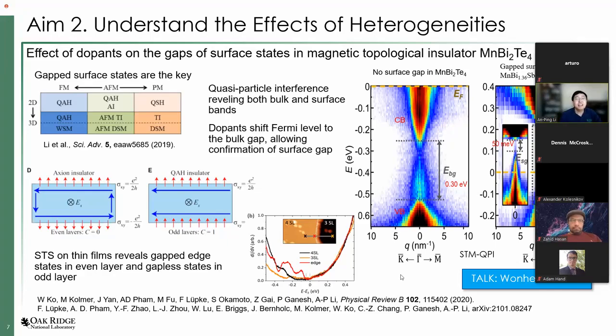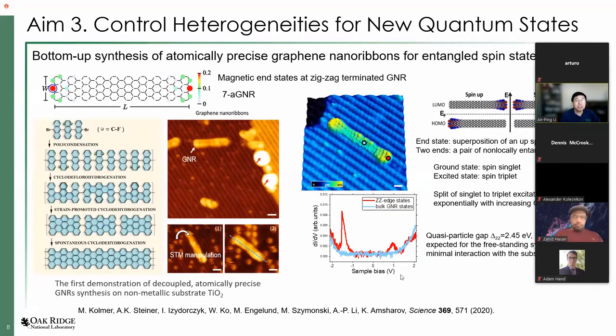And then to control heterogeneities for new quantum states, Merrick Kommer and our STM group have demonstrated that we can grow quantum materials bottom up by using rationally designed molecular precursors. In this case, we grew graphene nanoribbons, which are atomically precise.